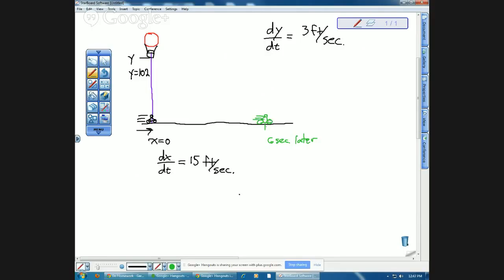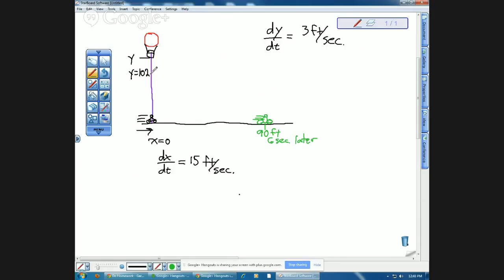How far away from where the balloon took off is Mr. Bicycle Man now? Can you figure that out? 6 seconds later at 15 feet per second, 90? That's right. 6 times 15. So this right here should be 90 feet. So 6 seconds later, he should be 90 feet along.